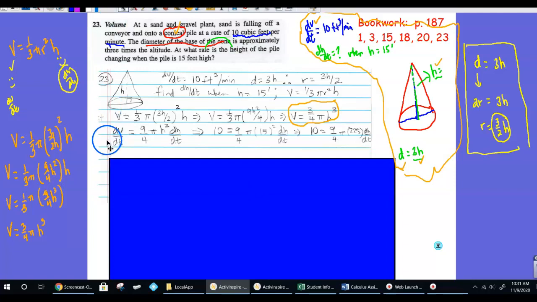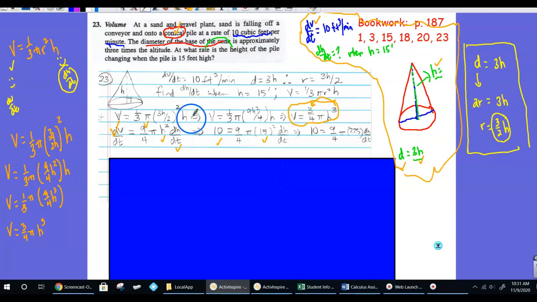So that's what's happening right here. And on the right-hand side, I'm going to use the power rule. So 3 times 3/4 is 9/4. Decrease the power by 1, h squared, chain rule, dh/dt. Then I'm carefully going to substitute my 10 for dV/dt, 15 for the height.